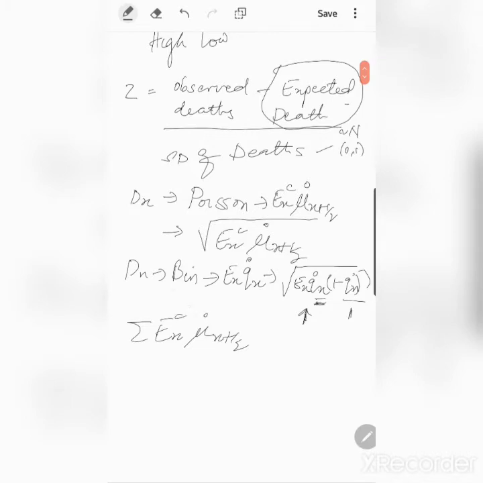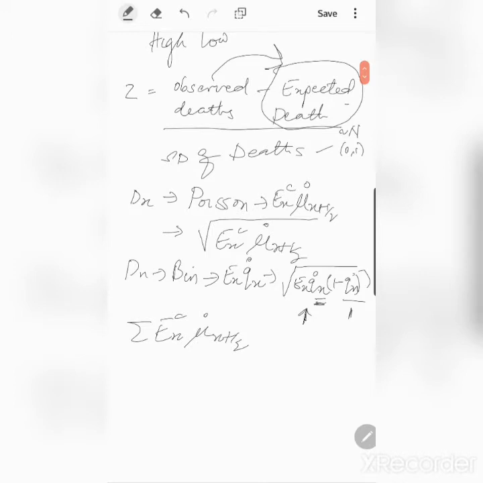I'm doing the summation and taking out the z value. Here the null hypothesis is that the overall observed deaths are more or less reflecting the expected deaths, so there isn't much statistical difference between the results.